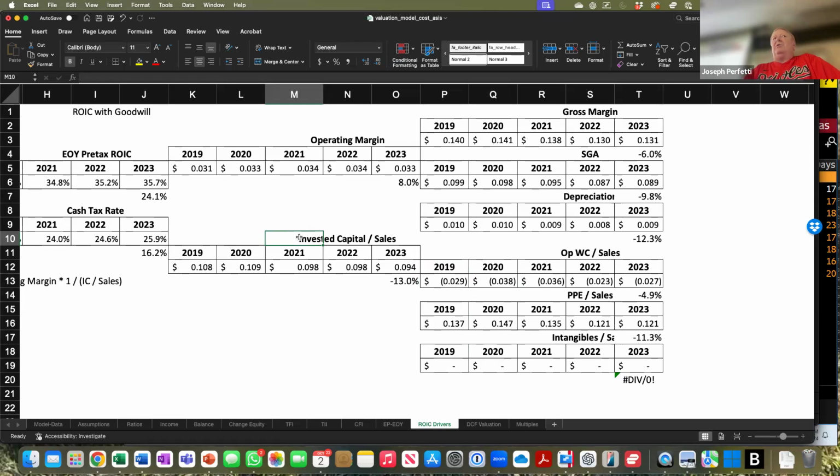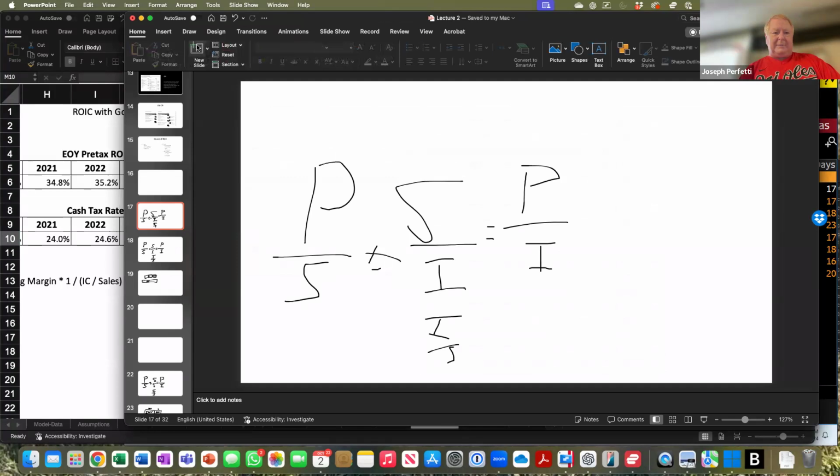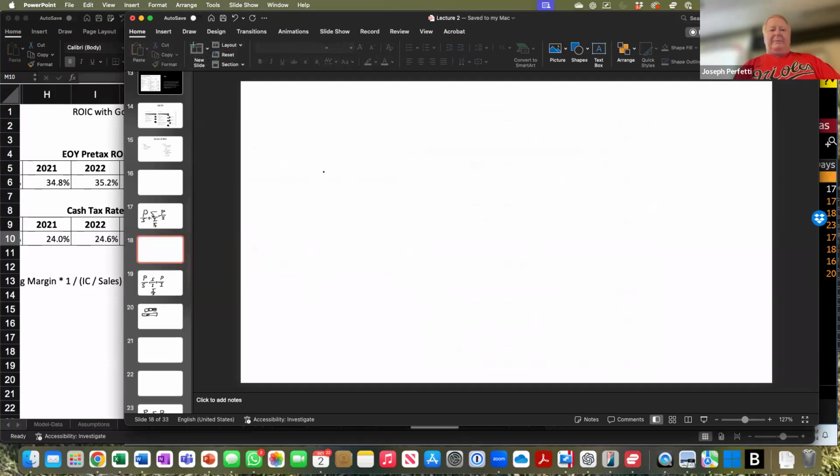So let's talk about where working capital comes from and what makes it positive or negative. Okay. So I'm going to use some made up numbers that are hopefully directionally correct. So let's say you're Costco. All right.